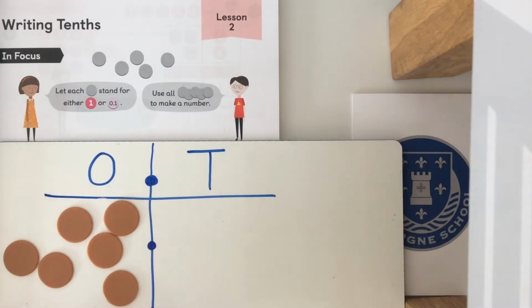You need to use all of these discs to make a number. Oh, I've got one too many here. There we go. So they can either represent 1 whole or 1/10. Think of a number that has ones and tenths and can be formed using all 5 of the discs. They all need to be used up. Have a little play around, see what combinations you can find.